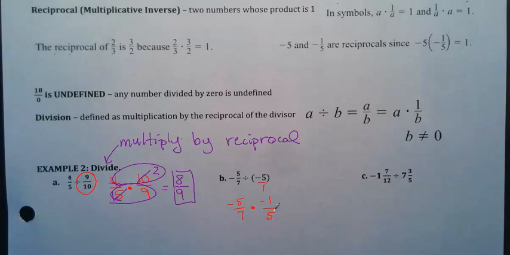First of all, a negative times a negative gives me a positive answer. I have a 5 in my numerator here and a 5 there, so those cancel to be 1 each. So 1 times 1 equals 1, and 7 times 1 equals 7. So my answer is just a positive 1/7.